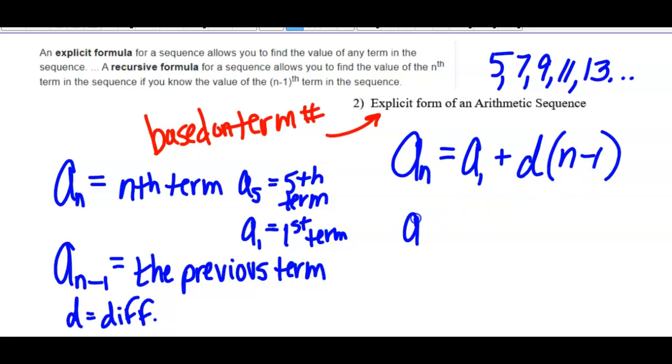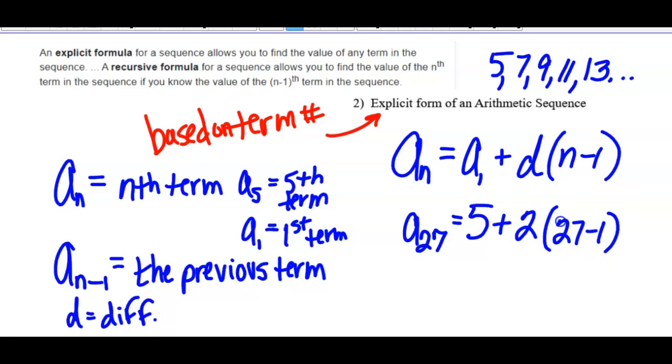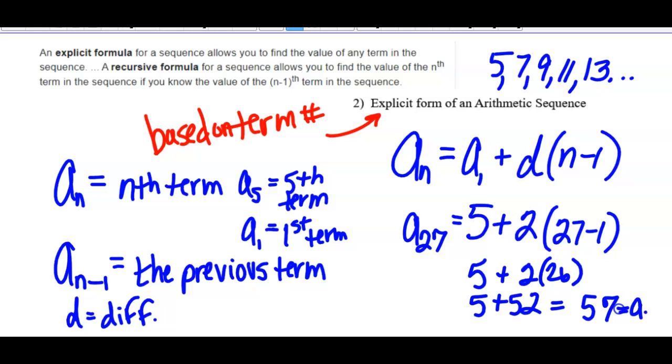To find the 27th term of that sequence, you would take 5 and add 2, but you don't need to add it 27 times because you already know the first term. So you're going to actually add it 26 times. So 5 plus 2 times 26 would be 52 plus 5, which is 57, so a sub 27, or the 27th term, is 57.